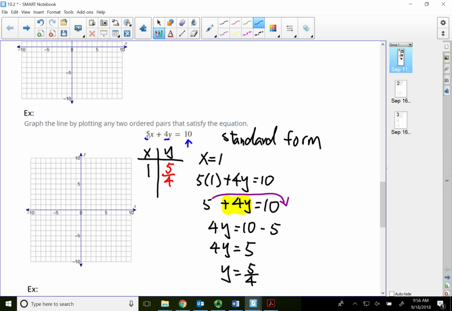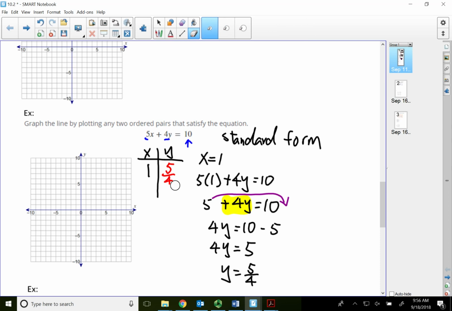Since the 5 in front of x can go into 10, I need to choose a number for y. But what number do I need to choose for y? Whatever I'm choosing right here, I will eventually divide it by 5. So I will need to choose a number for y that 5 can go into.